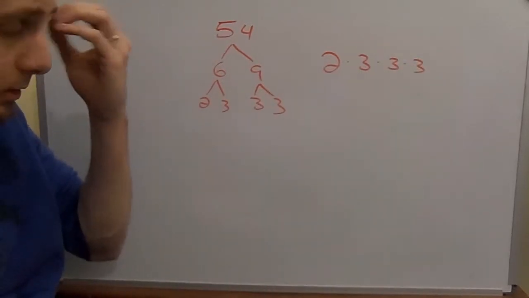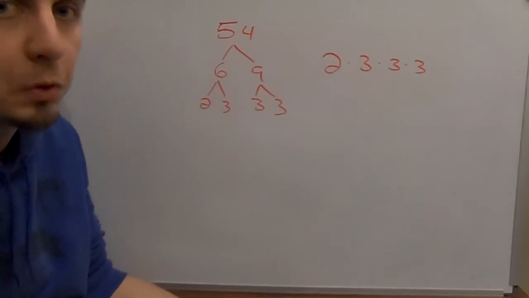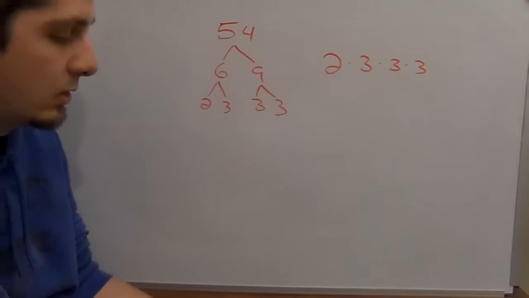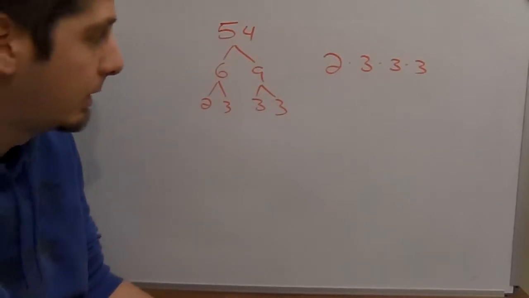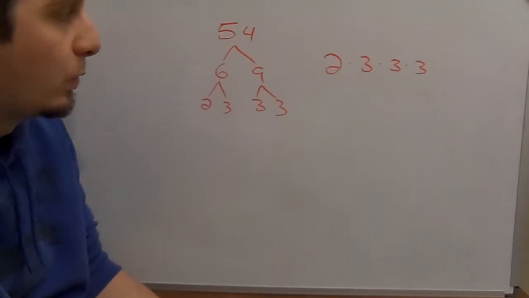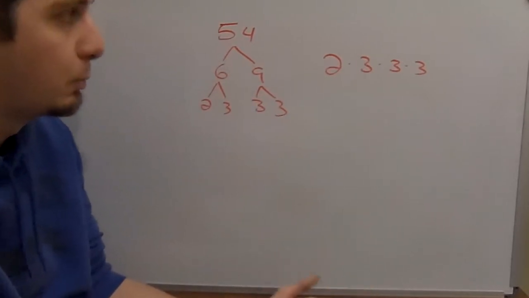So what's the significance of that? How is prime factorization even important at all? Well, one of the important things to know about prime factorization is that every number has one. Every number can be made up of prime numbers. Now, there is something else, and this is really, really important, we can do with prime factorization.